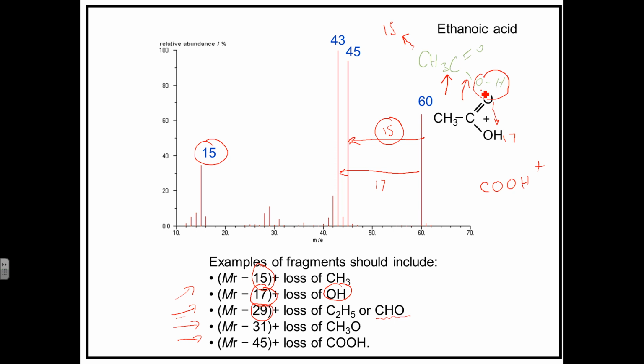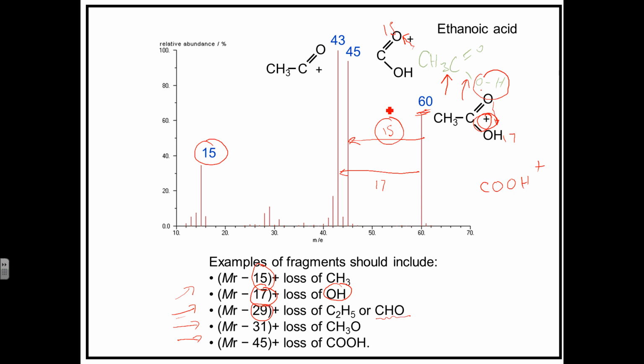So yes, if you are asked to identify each of the fragment ions or each of the ions in the spectrum, you must remember to put the positive in the structure. So this is the molecular ion peak. The weight of acetic acid or ethanoic acid is 60. Then that 45 is the carboxyl functional group.